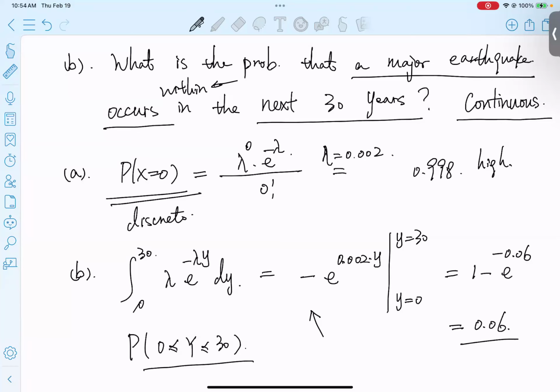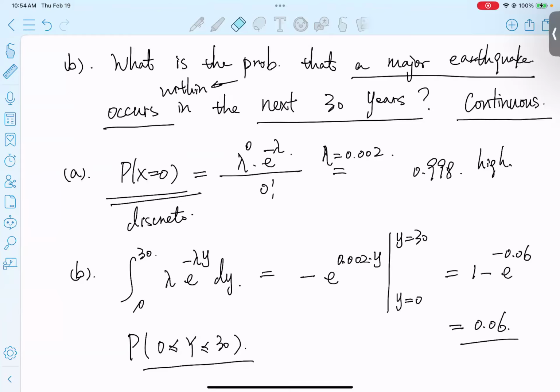So we have a continuous case, and we choose the exponential distribution like we did last time. To answer this, all we need to do is one extra step, calculating the integral here.